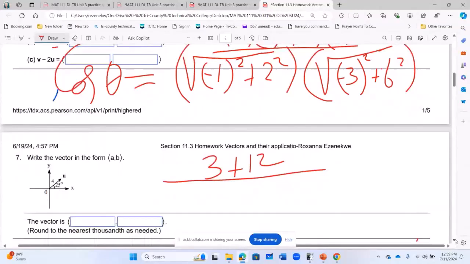For this square root, I have -1 squared, that's 1, 2 squared. So here is going to be square root of 5. Square root of 5 multiply. This is 9. 3 times 3 is 9. 6 times 6 is 36. 36 plus 9 is 45.